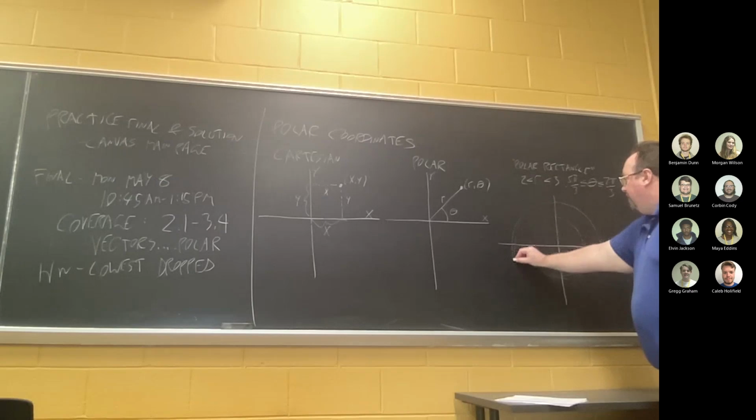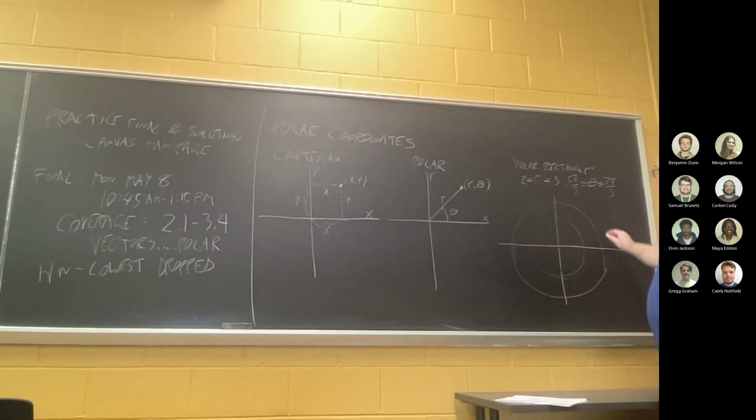Whoops, that's a double circle. So points within this ring here, except not all angles. Angles that are between 5 pi over 3, which is this angle here, and then 7 pi over 3, which takes me past 2 pi up to this point. So all points between these two angles, but also between these two distances. So I'm going to shade in the region. This is my polar so-called rectangle. That's pretty badly drawn, but it works.